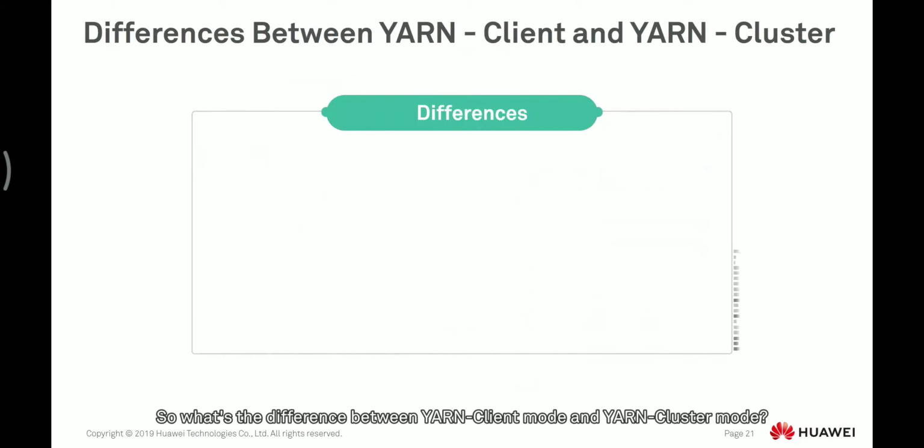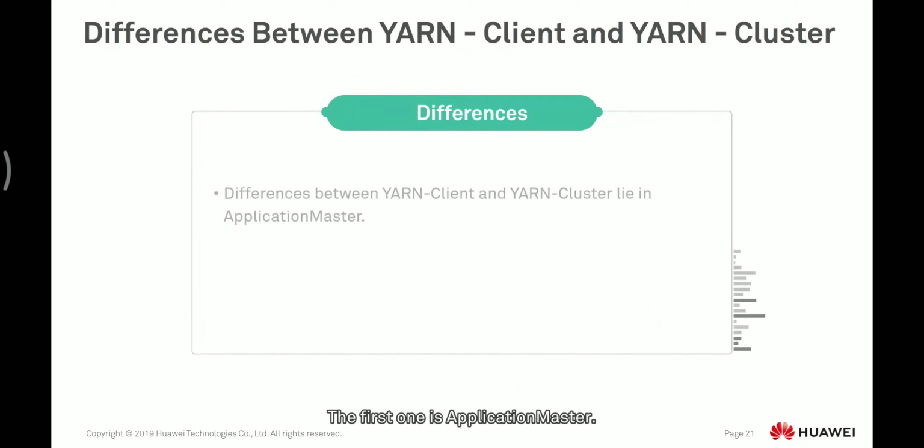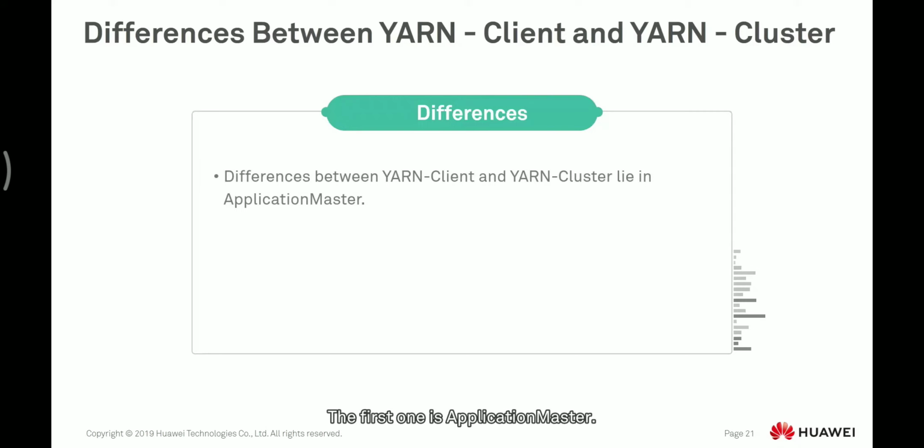So what's the difference between Yarn client mode and Yarn cluster mode? The first one is Application Master. In Yarn cluster mode, the driver runs in Application Master, which is responsible for applying for resources from Yarn and monitoring the running status of a job. When a user submits a job, the client can be closed and the job continues running on Yarn.